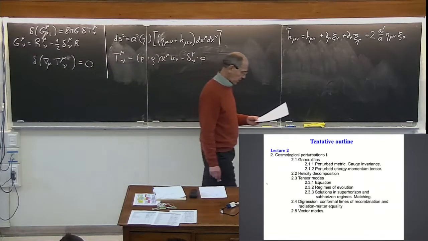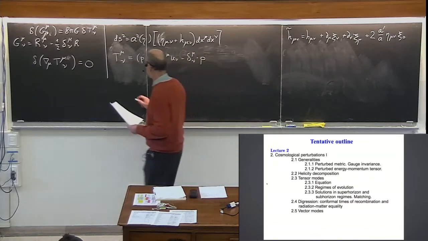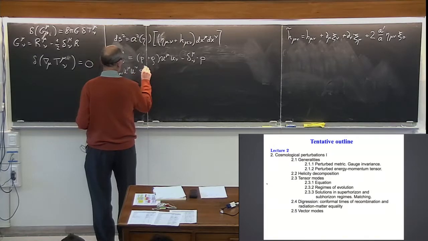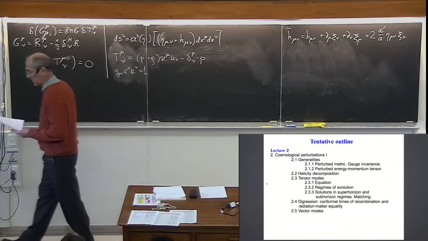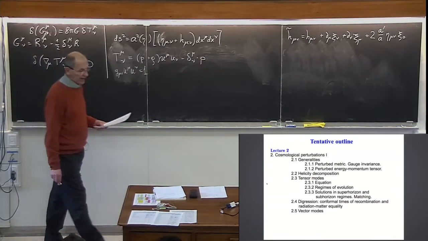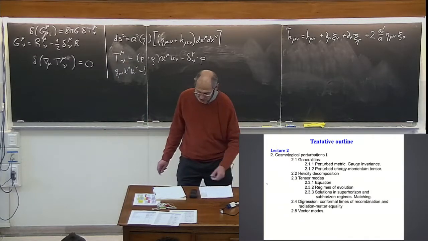General expression for perfect fluid, where U mu is four-velocity, and U mu obeys the normalization U mu U nu equals 1. This is for velocity of the fluid. Let's work this out in our case.